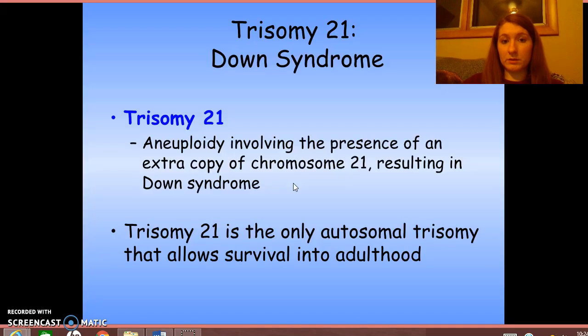This disorder is the only one that allows survival into adulthood. Other trisomies do not allow individuals to survive after birth, or during birth, or even before birth. They will not survive.